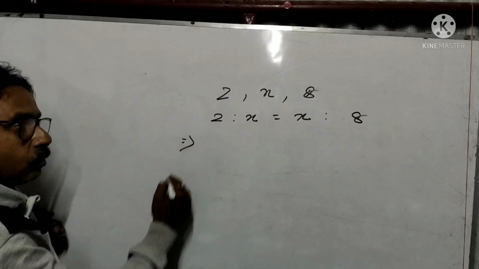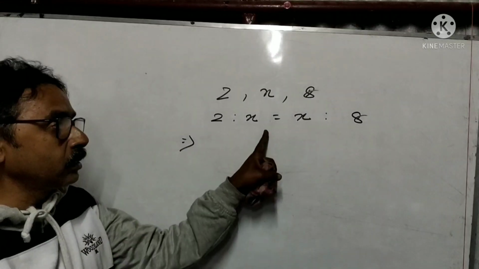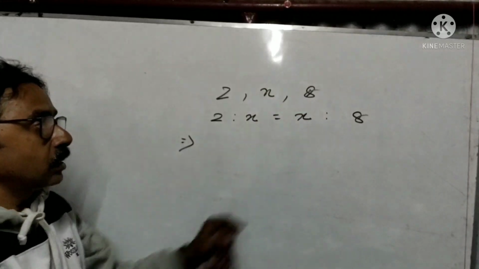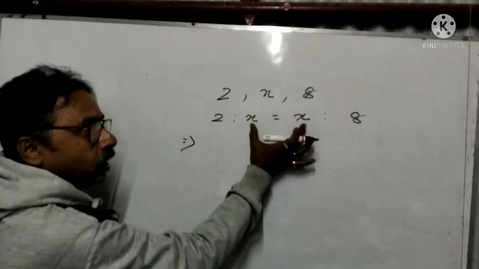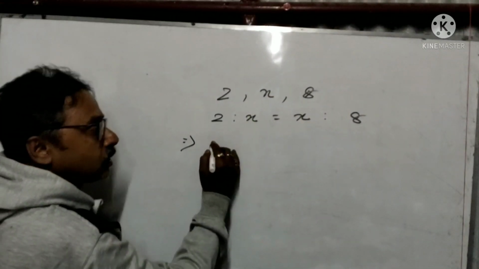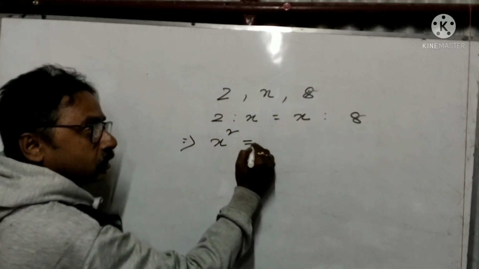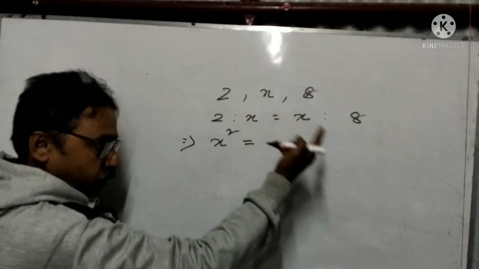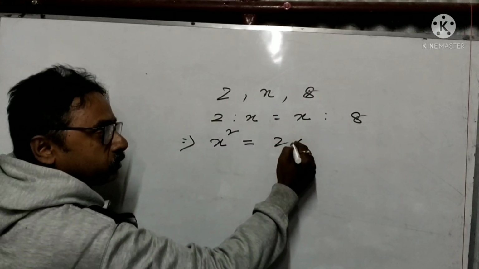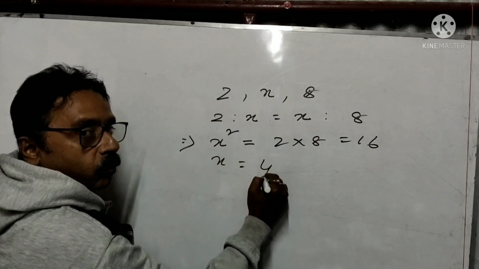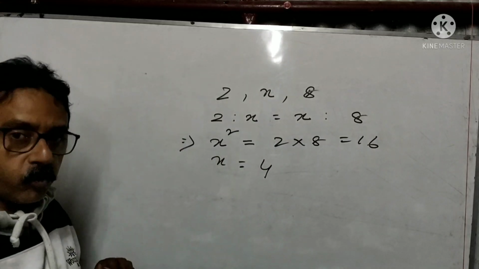Since the subject x is in the mean position, I'll write the mean product first. x into x is x square, equal to the product of the extremes, 2 into 8, which is 16. Therefore x equals 4. So the mean proportion is 4.